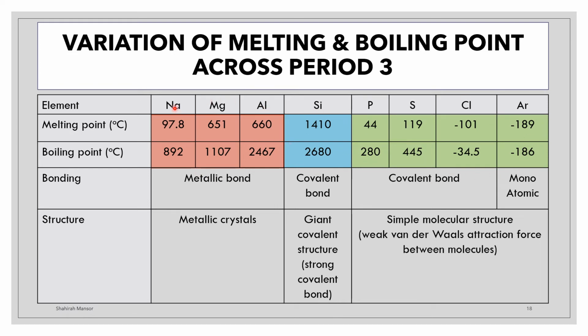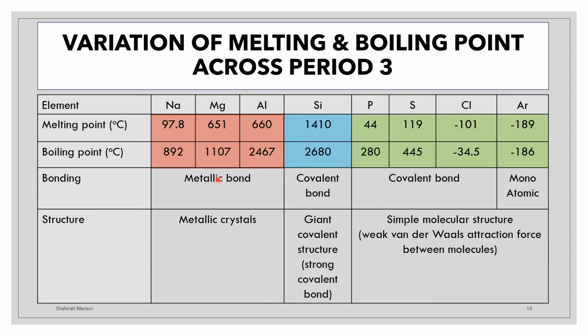Okay, bahagian merah ni merujuk kepada metals. Okay, silicon akan stands alone sebagai silicon, and yang hijau ini adalah non-metal. Alright, so untuk metals, they have metallic bonding between them. Silicon has covalent bonding in its structure, dan this non-metal juga mempunyai covalent bonding, and argon akan stands alone lah sebagai monoatomic.